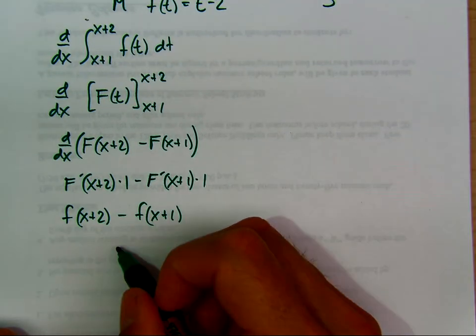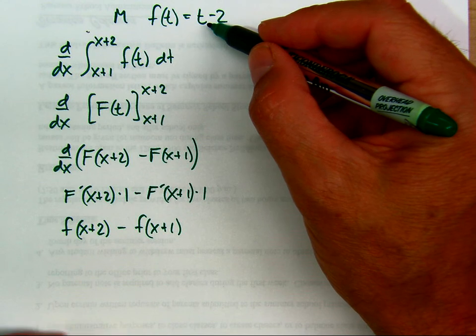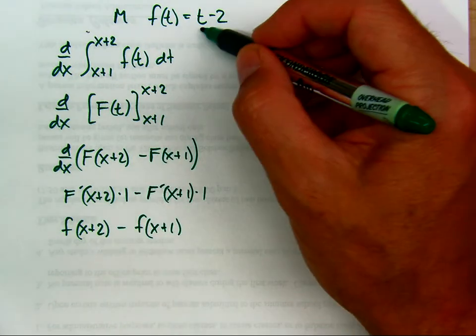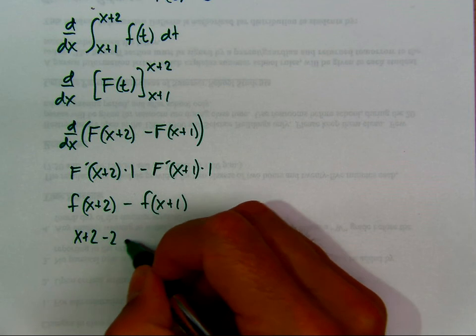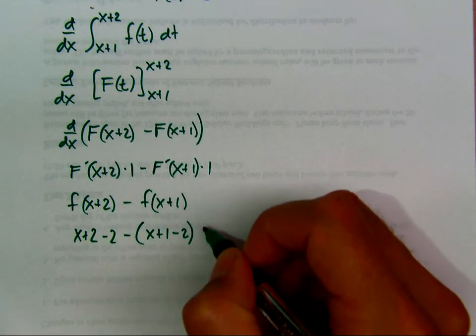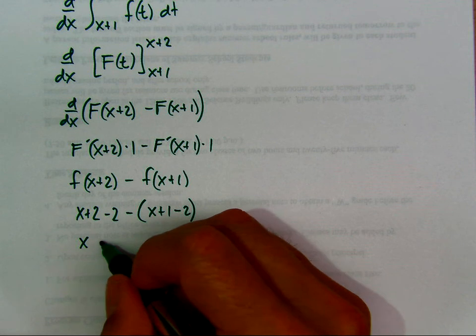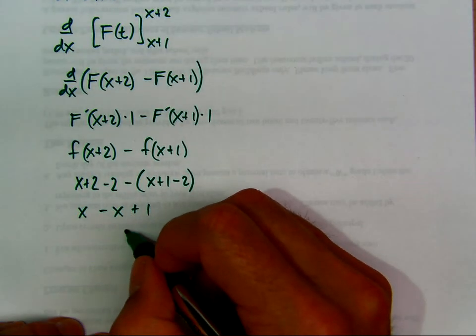And then we substitute it in for t. So we're going to have x plus 2 for t, and then minus 2. X plus 2 minus 2, and then x plus 1 minus 2, x minus x plus 1, and the answer is 1.